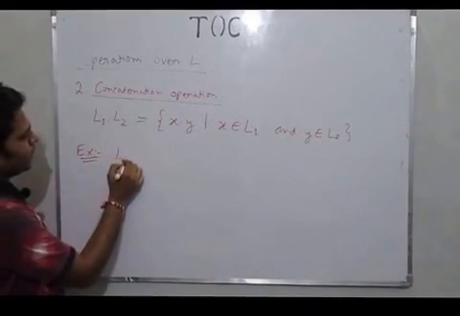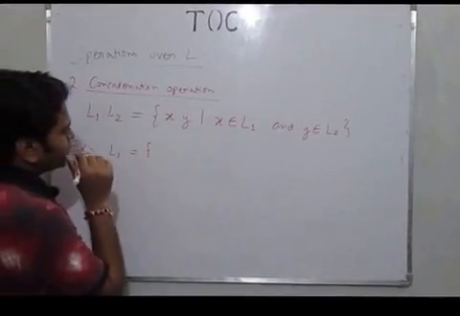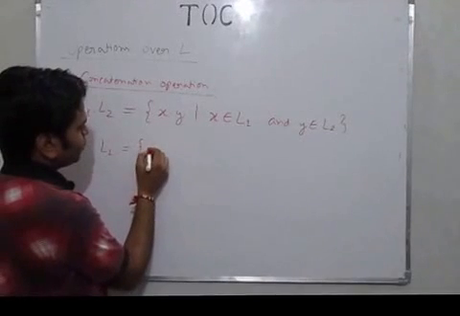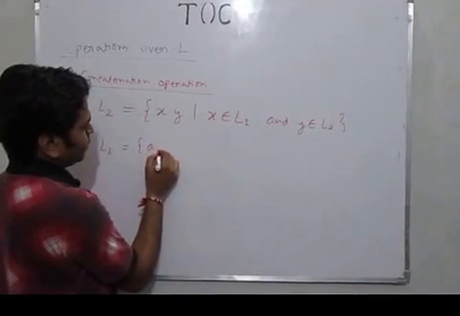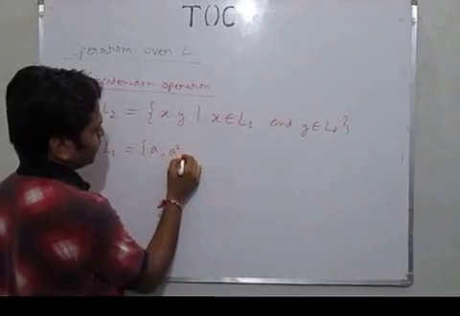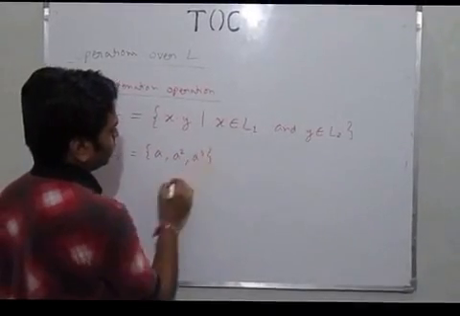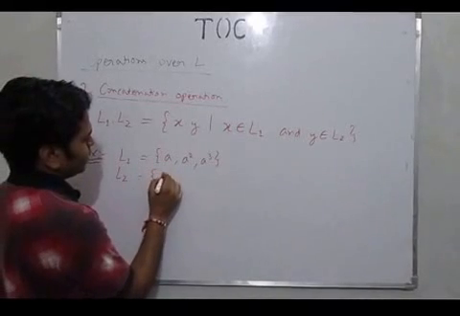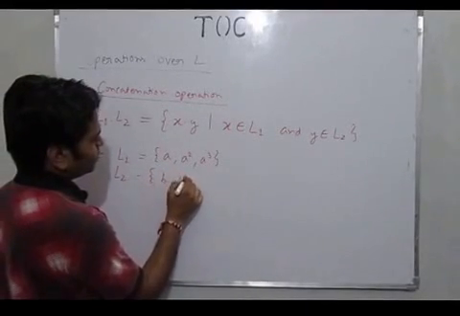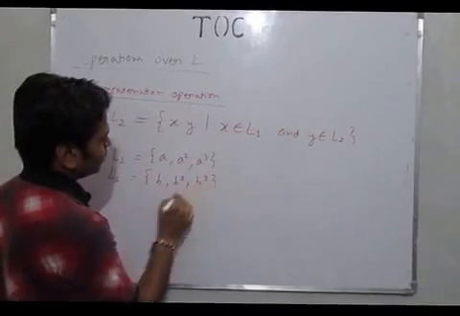suppose L1 is defined as a collection of strings, A square and A cube, and L2 is defined as B square and B cube.